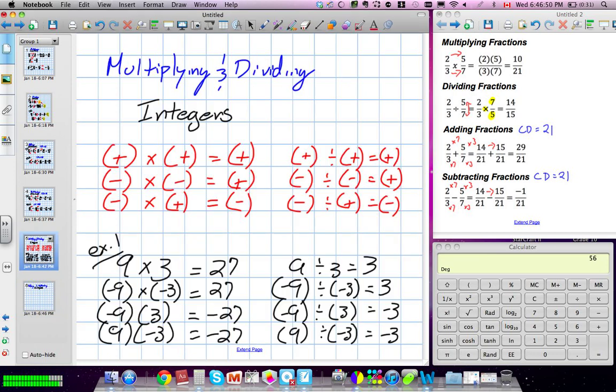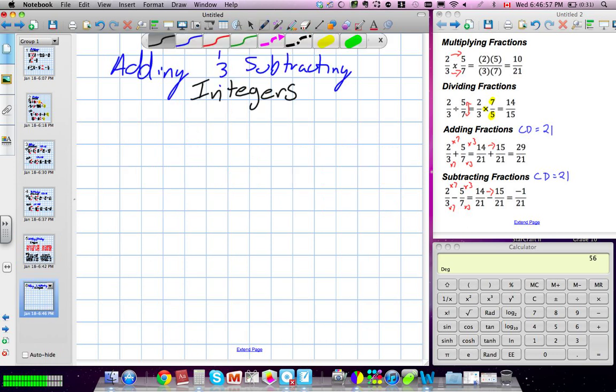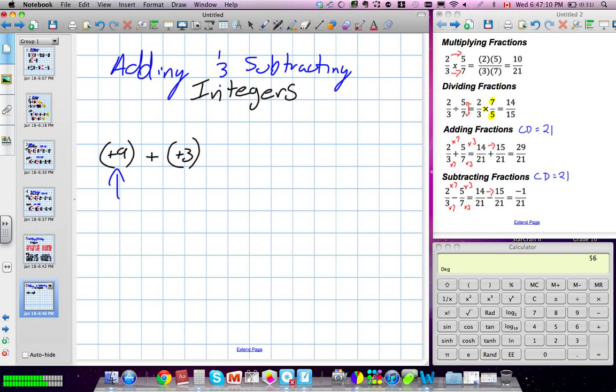Let's say I do positive 9 plus positive 3. So same values. Do I need to write this positive in front of that 9? No, that's not very important. So I'm just going to write it as 9, and same with that 3. Do I need to write it in there? No. So 9 plus 3, what is that going to give us?